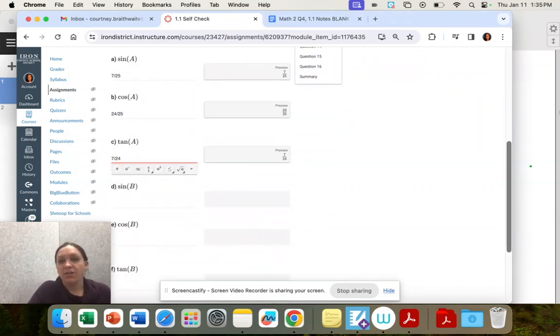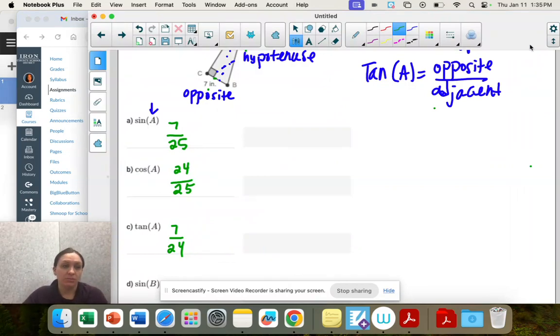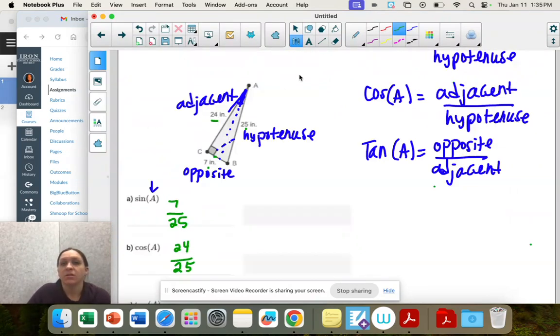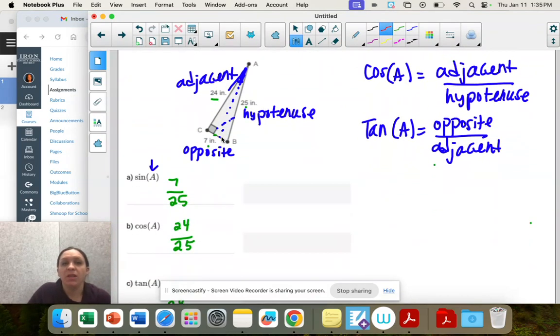So there is a pattern when we find B. What happens when we have B? The opposite and adjacent switch. Now 24 is opposite of angle B, and 7 is adjacent to angle B. So when I want sine of angle B, it's opposite over hypotenuse.